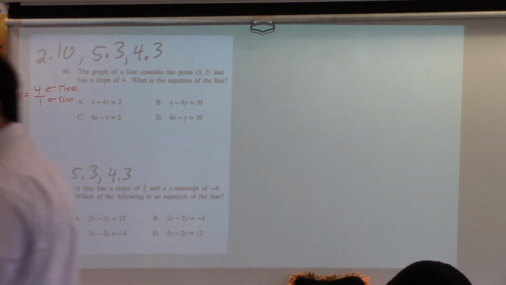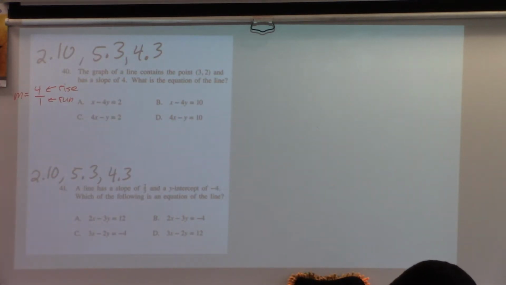Now I do want to remind y'all, because I will say you're making your life a little bit harder than it has to be. Go to your settings. Change your axes. Negative 10 to 10 with a step of 1, and negative 10 to 10 with a step of 1.